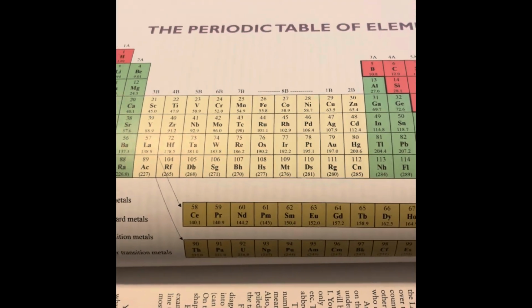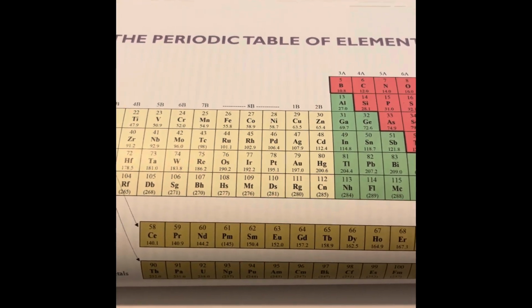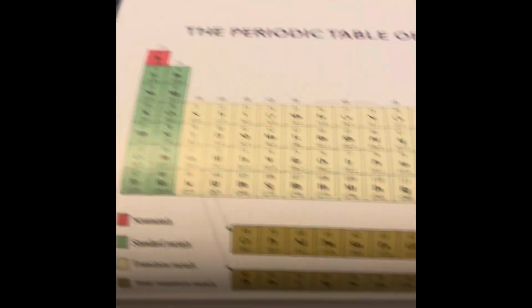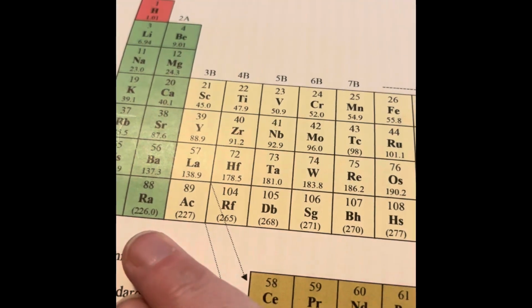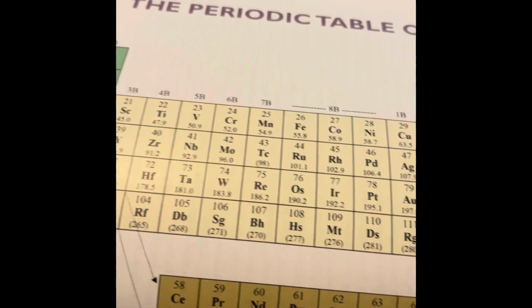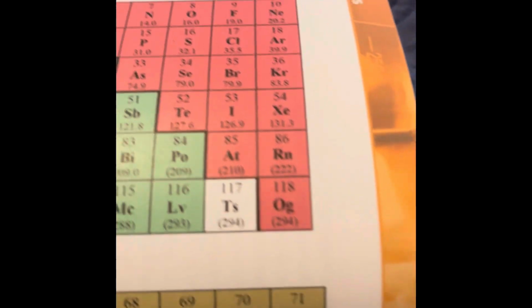Okay, so now that we know left to right, what about top to bottom? So in general, the ionization energy of atoms increases from the bottom of the periodic table to the top of the periodic table, okay? And I want to talk about why this is. So let's take two elements.